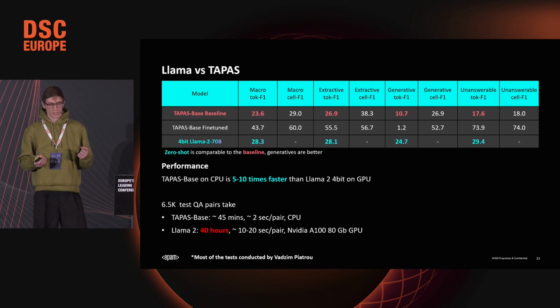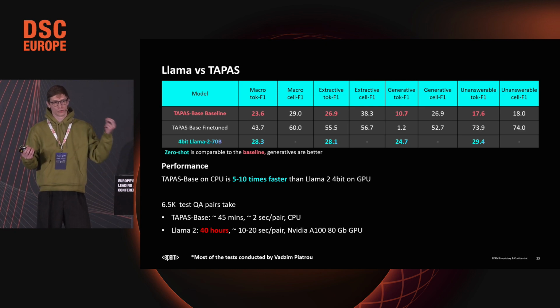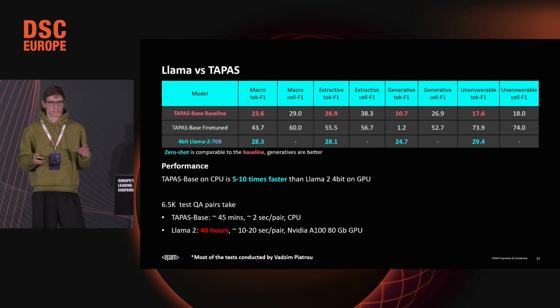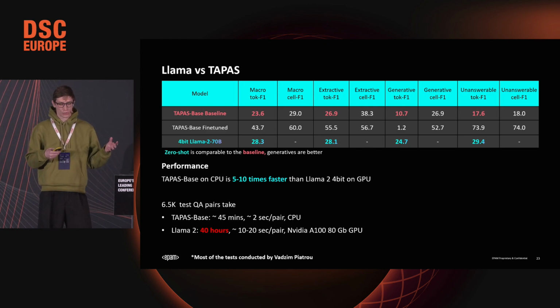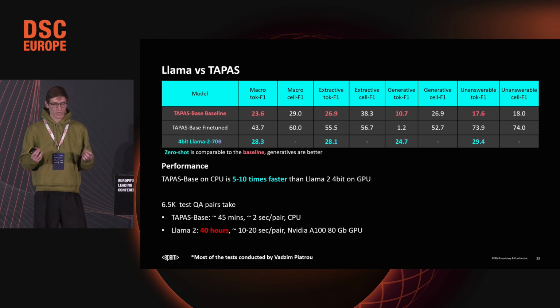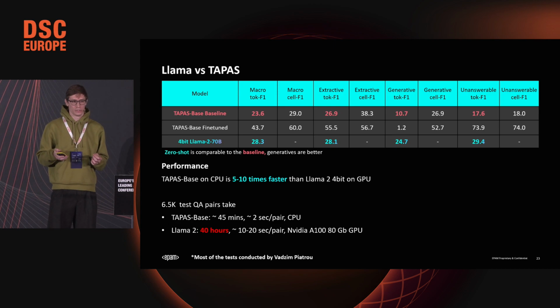That's achievable. But still, you will be comparing GPU price versus CPU price, and the Tapas model, or BERT models in general, can be optimized for inference as well. So most likely, you will pay more for an LLM running on your GPU.